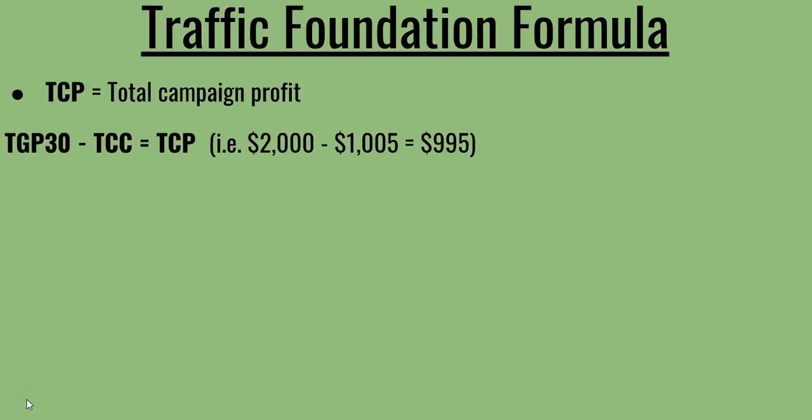So for example, let's say the total gross profit, we'll use the same example as before, was $2,000. And then your total campaign cost was $1,005, and that would give you $995 of total campaign profit for that particular period.